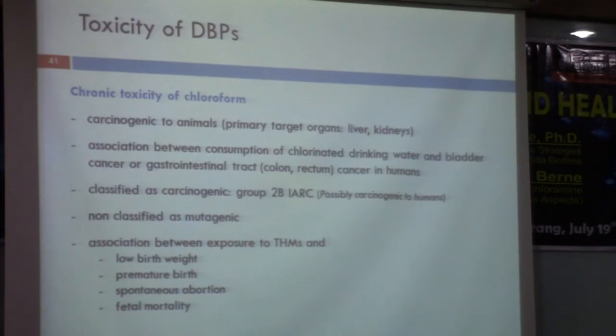Why is it important? It is important because these byproducts are toxic. For example, chloroform is known to be a carcinogenic compound to animals, and it has been classified as carcinogenic for humans, group 2B, that is to say possibly carcinogenic to humans.